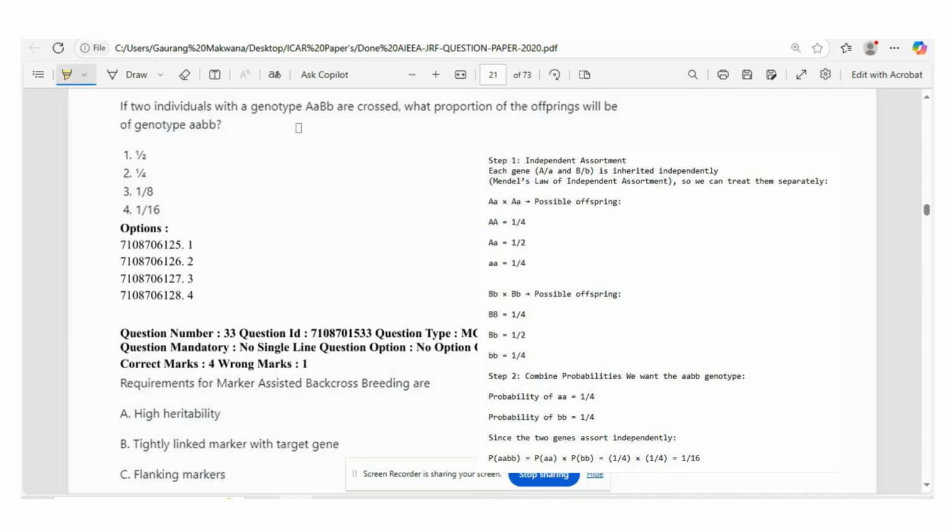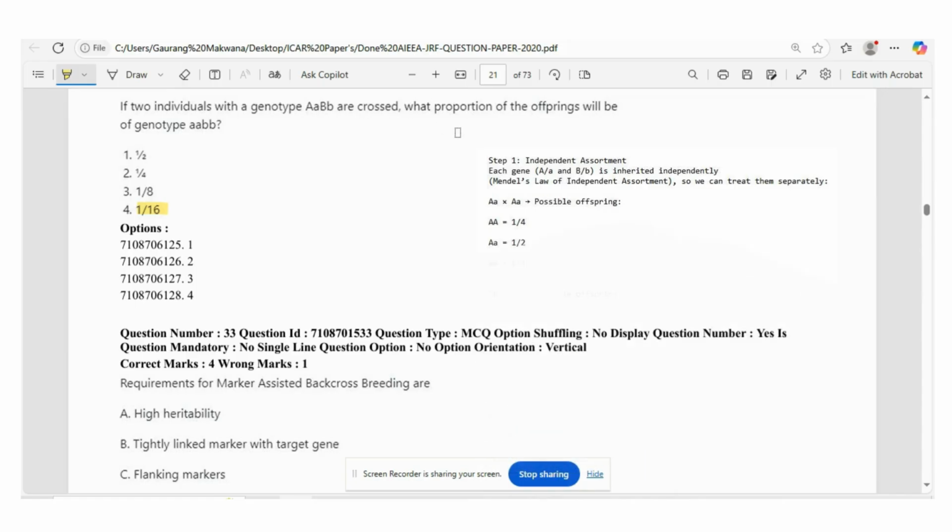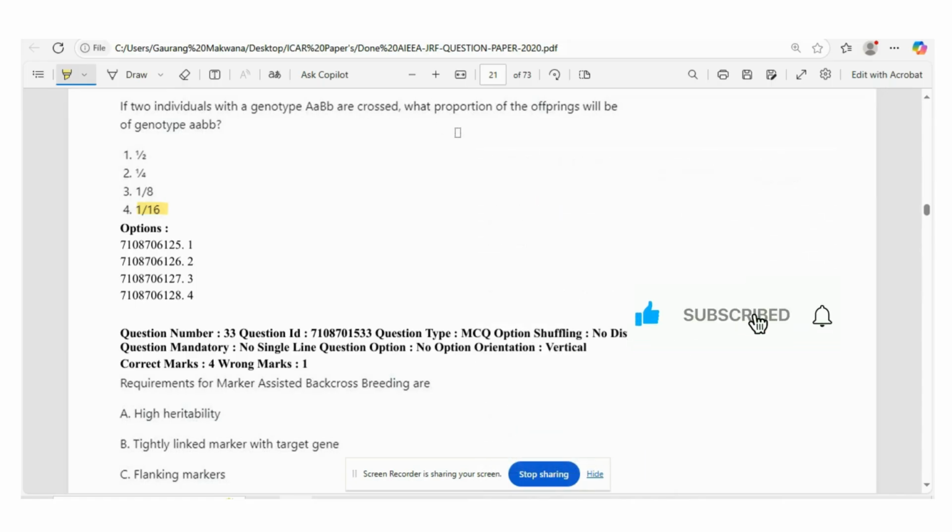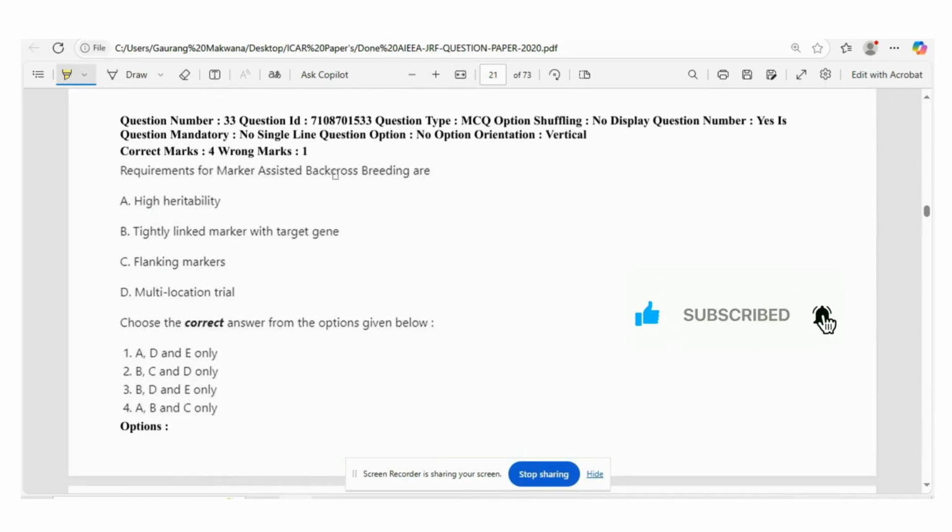Similarly, when we cross Bb with Bb, we get BB, Bb, another Bb, and at the end bb. So the chance of getting bb is 1/4. When we multiply 1/4 and 1/4, we get 1/16. So the possible proportion of offspring with that genotype is 1/16.